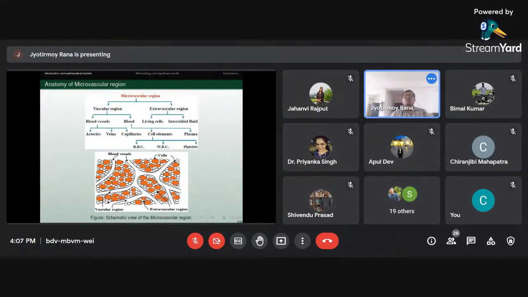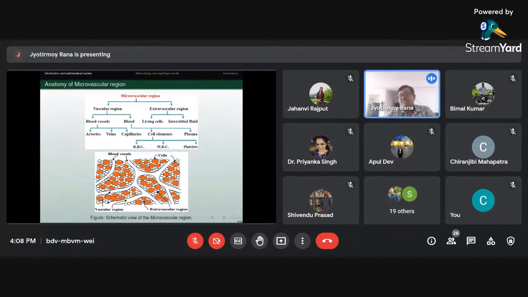So before starting on the solute dispersion process, I want to briefly discuss the microvascular region. So what is the microvascular region? The microvascular region is made of the vascular region and the extravascular region. The vascular region is made of the blood vessel and blood.